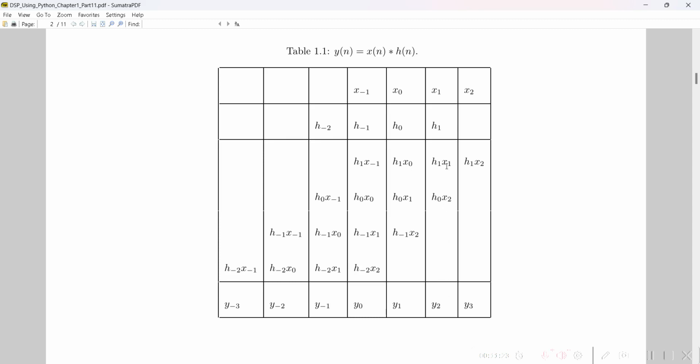So y2 is the sum of the information here: y2 is equal to h1 times x1 plus h0 times x2. y3 will only be h1 times x2. What about y1? You see here, the sum of the indices is 1: 1 plus 0, 0 plus 1, minus 1 plus 2 will be 1. And the same for the rest. So the puzzle is solved.